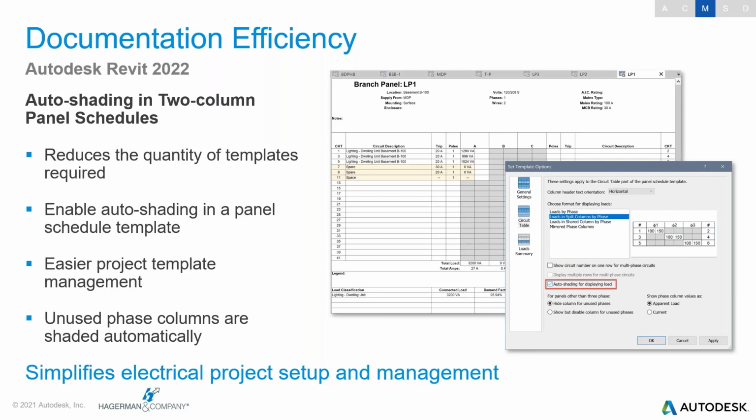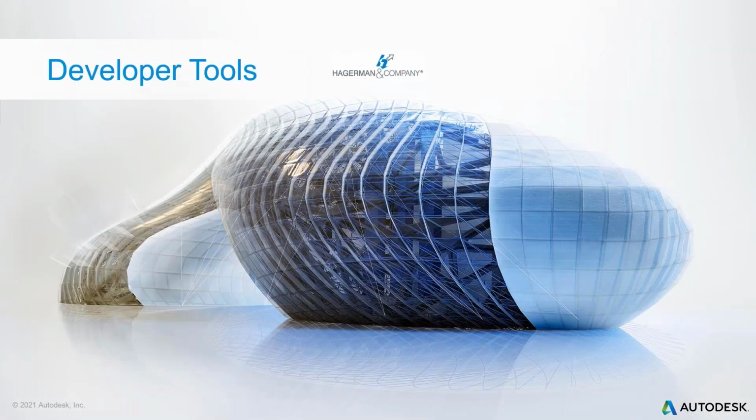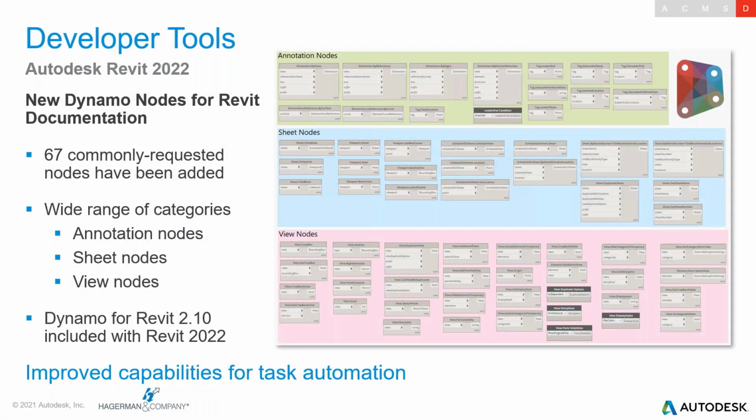This new feature in Revit 2022 helps simplify your panel schedule template setup and management on your electrical projects. And finally, we've just got a couple more slides to go here. So let's cover features that will most appeal to the software coders and programmers.